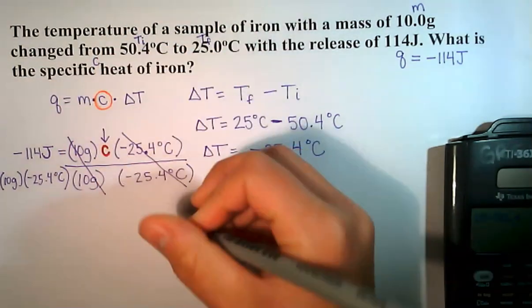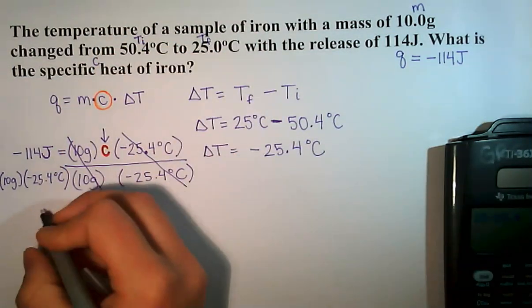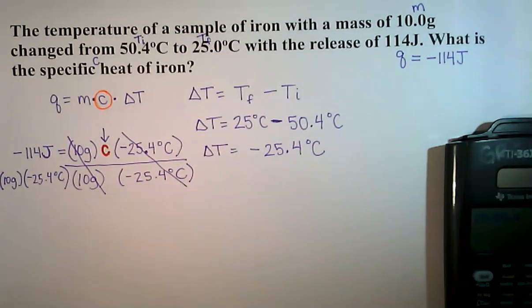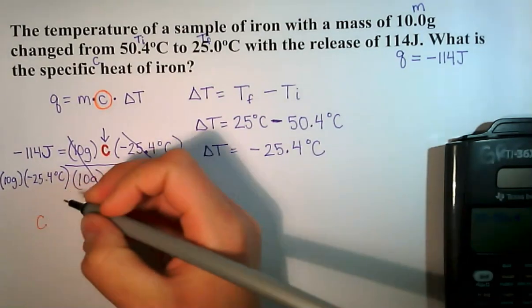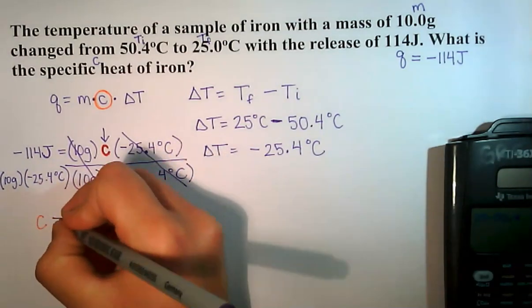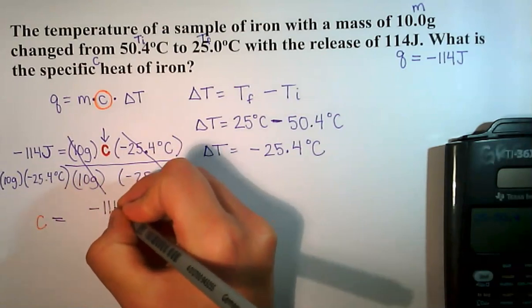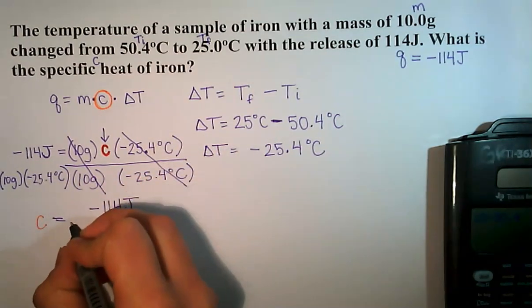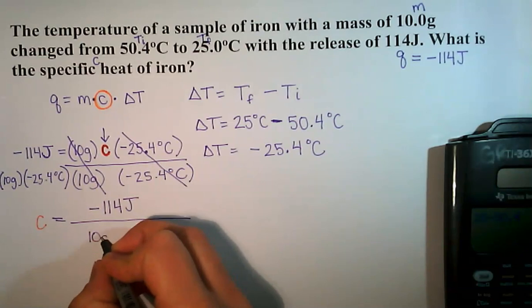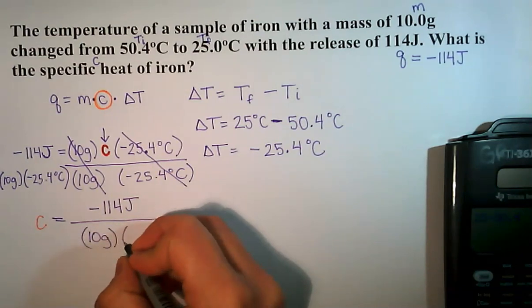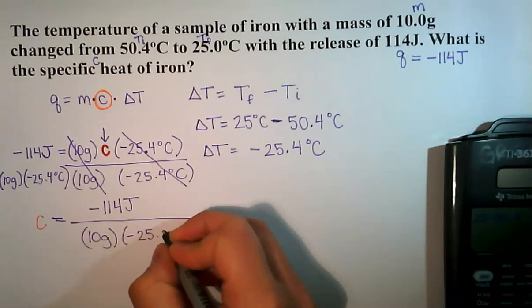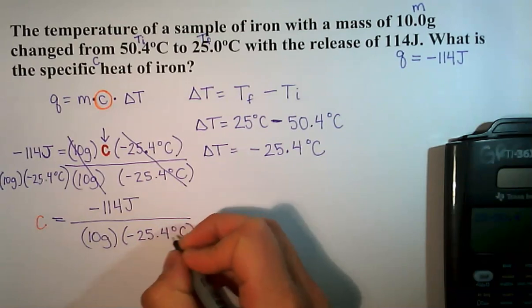So 10 grams cancels on one side, and I'm going to flip this equation around and put C, our variable, equals negative 114 joules divided by 10 grams times negative 25.4 degrees Celsius.